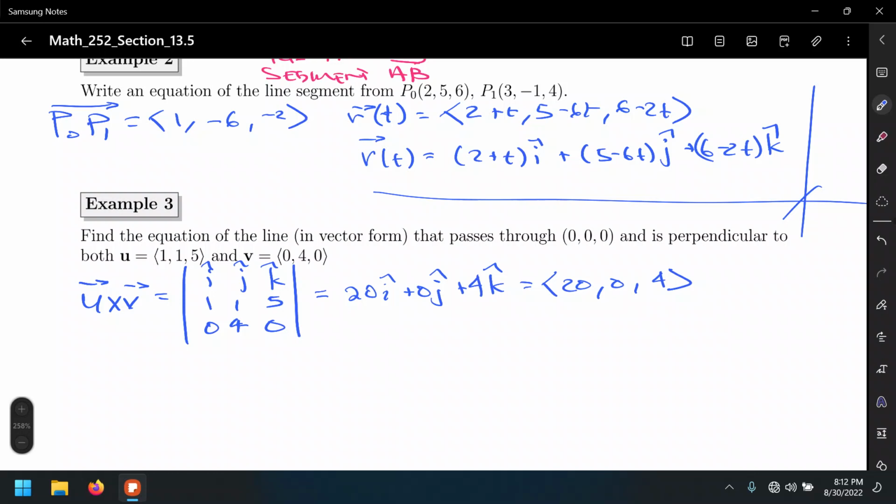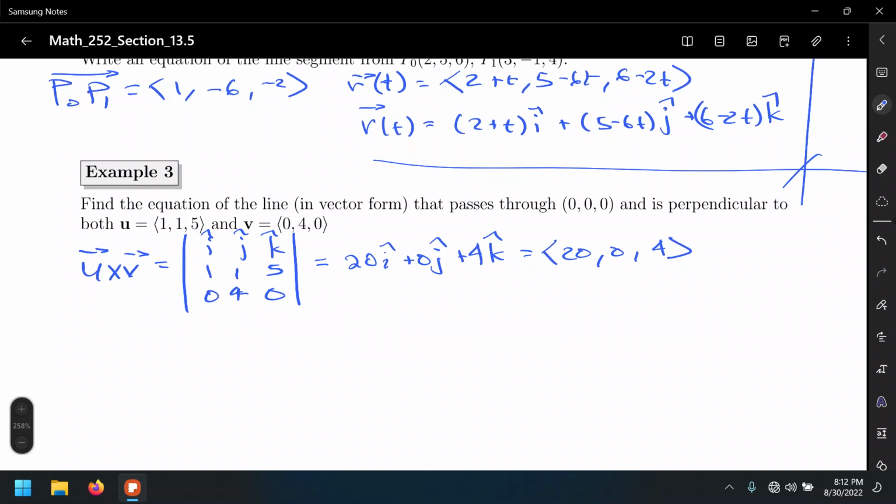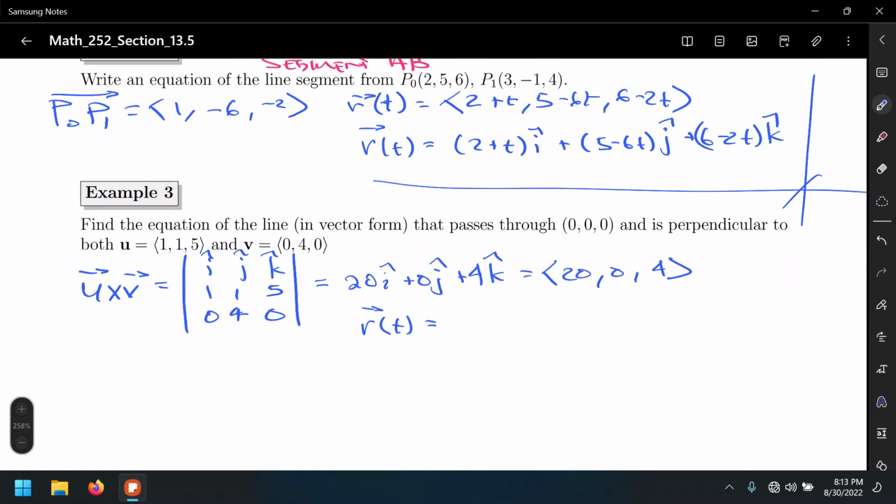Okay. So R of t will be, in this case, passing through the origin, so this is simply 0, 0, 0. Could it be negative 20?